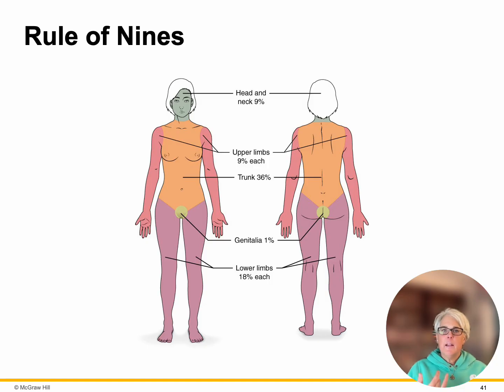So we look at head and neck as 9%, each arm is 9%, the trunk is 36%, genitalia 1%, and each leg is 18%. Clinicians often use this estimate in the note, and as coders, we use that documentation to support the appropriate T31 or T32 code.